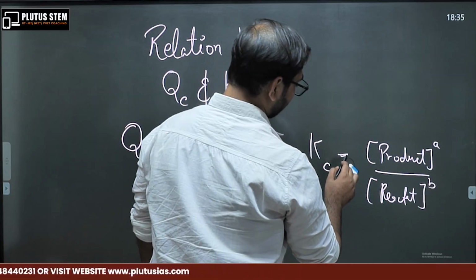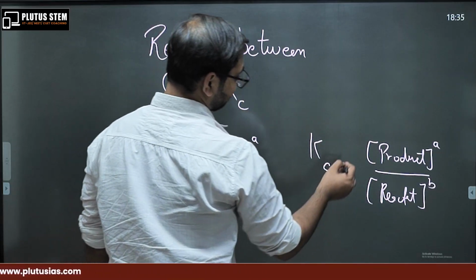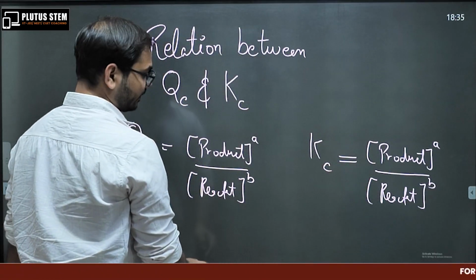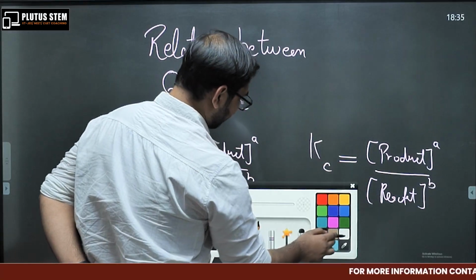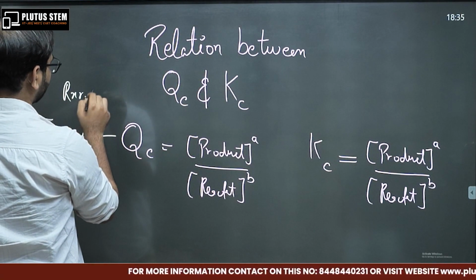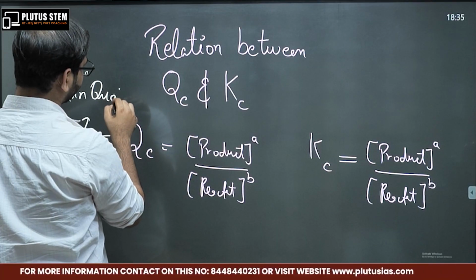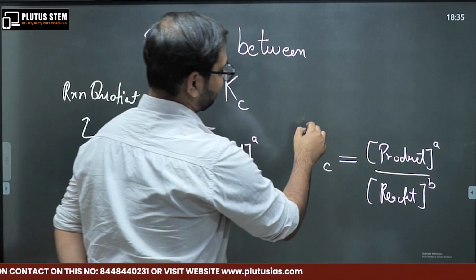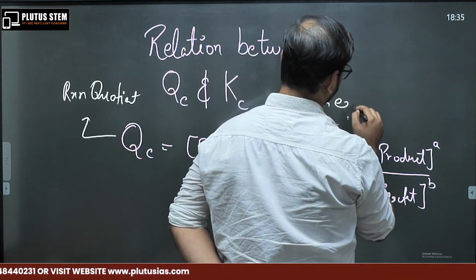So now, what are the two conditions that separate them? First thing, Qc is called your reaction quotient, and Kc is your equilibrium constant.